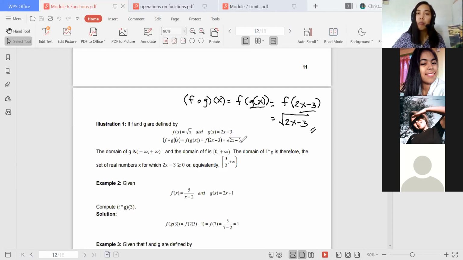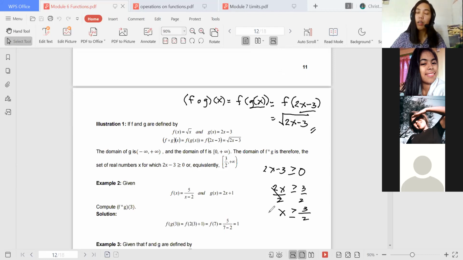And when we get the domain of f composite g for this one, diba, this is a square root function. So same process, 2x minus 3 to find the domain. It's 2x minus 3 should be greater than or equal to 0. Okay, so 2x is greater than or equal to 3. Divide both sides by 2. Therefore, x is greater than or equal to 3 halves.